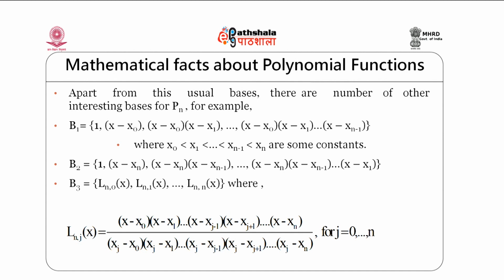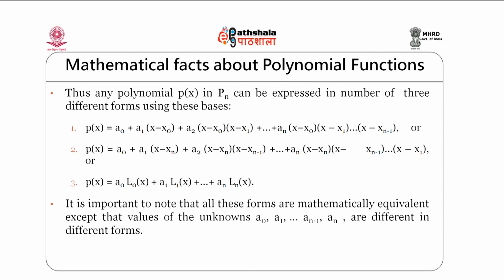So, we can see that any polynomial in P n can be represented in terms of different bases in a different form, which is what we are indicating here. Thus any polynomial P x in P n can be expressed in three different ways using these bases. For example, P x, if I write it in terms of basis B 1, I will get it as a 0 plus a 1 into x minus x 0 plus a 2 into x minus x 0 into x minus x 1 and so on.